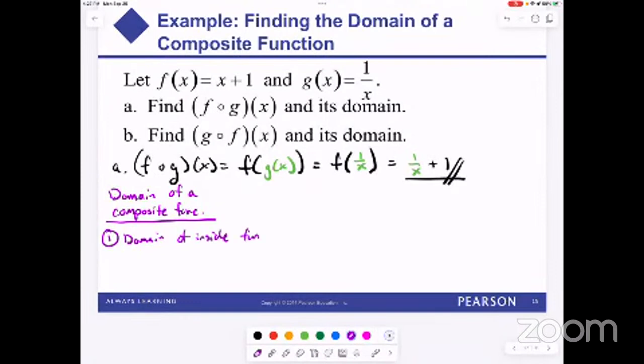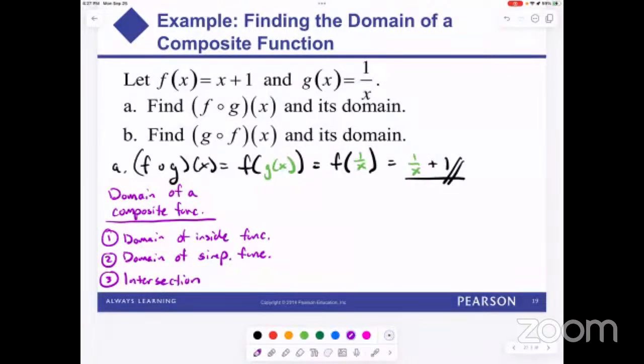And then I like to find the domain of the simplified function. And then thirdly, I like to take their intersection.